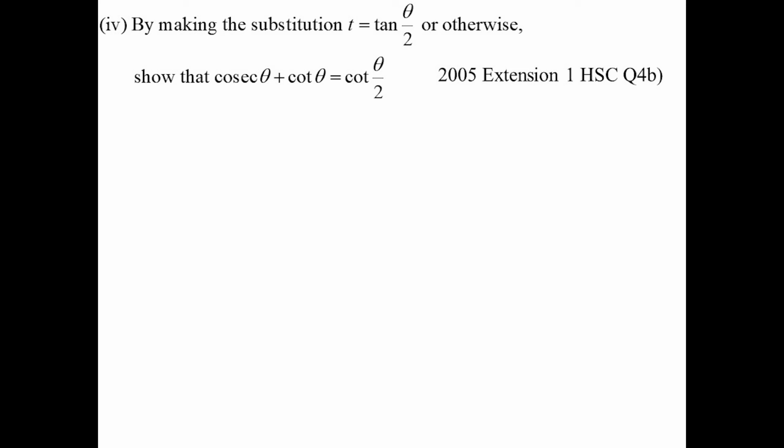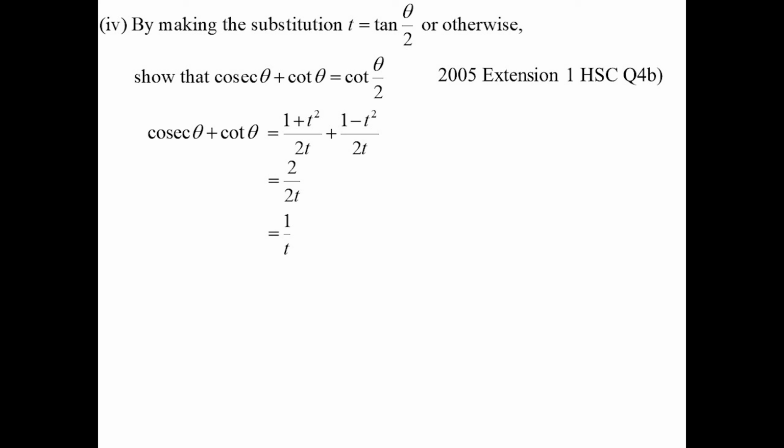Cosec plus cot is cot theta on 2. Okay, cosec plus cot. Well, they're the reciprocals of sine and cosine. So I'll sub in the reciprocal t results. Cosec will be 1 plus t squared on 2t, and cot will be 1 minus t squared on 2t. So let's play with the algebraic fraction here.